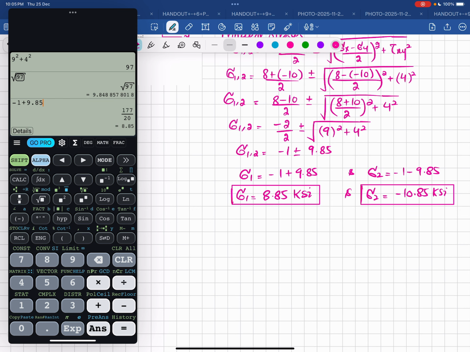So what we are going to do is find the smallest yield stress for this element using the maximum shear stress theory.